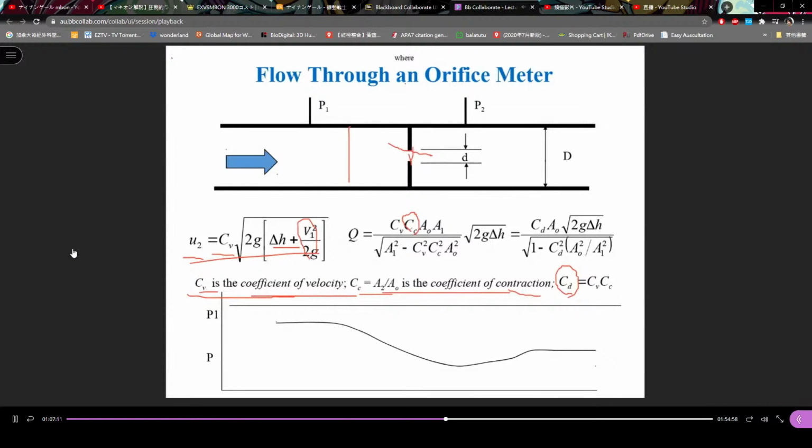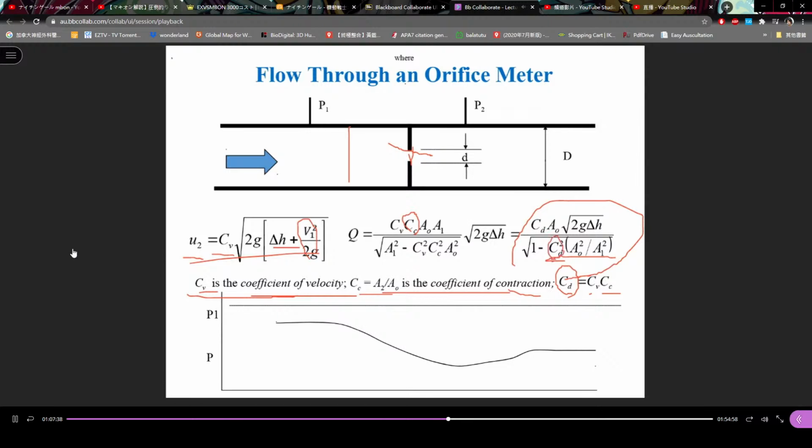CD means CV times CC, the coefficient of velocity times the coefficient of contraction. So it's similar. We use this equation, but here we add a CD squared here, to correct for the different area ratio. So its only difference is this.